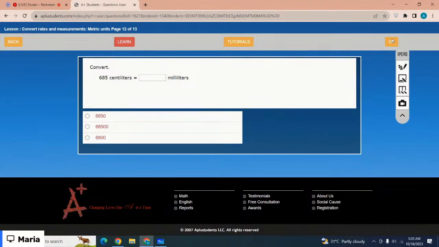685 centiliters equal how many milliliters? 685 centiliters equal 68,500 milliliters.